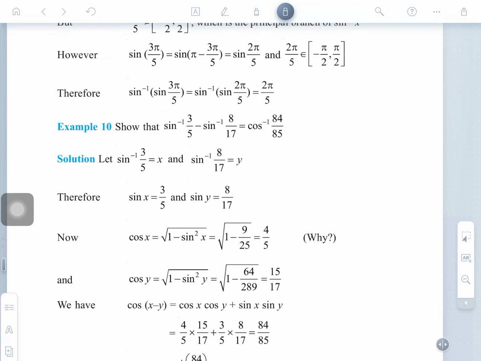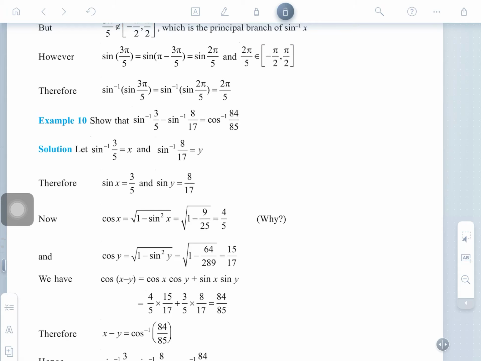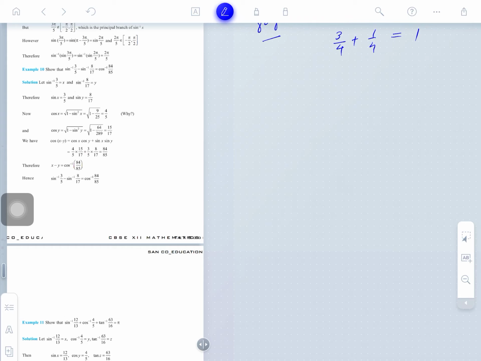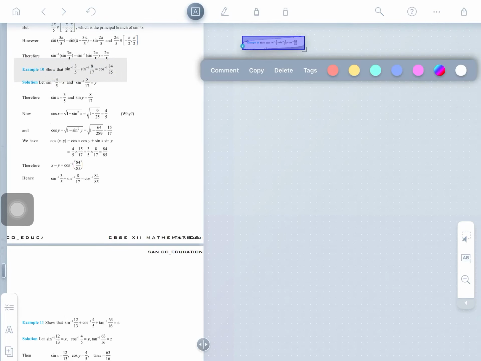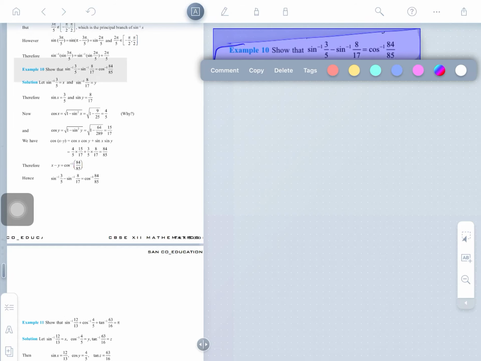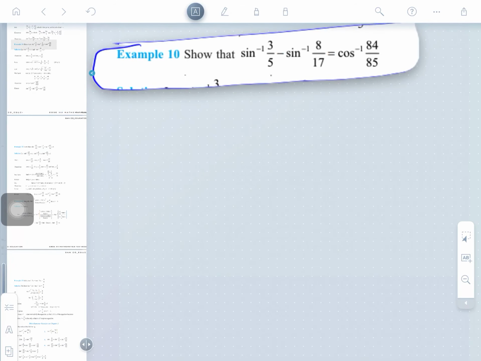Sine inverse 3 by 5, you may see. Sine inverse 3 by 5. Yes, you have to find this here.